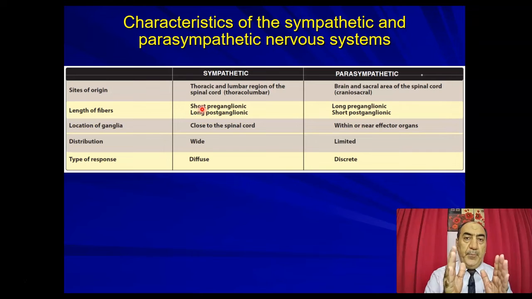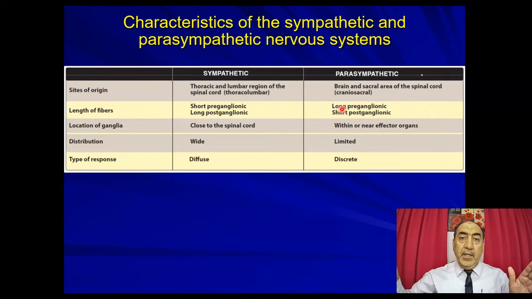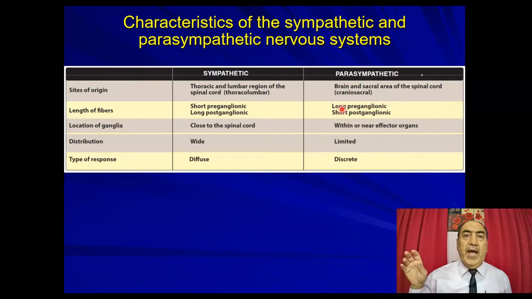That's why the preganglionic is short. In the parasympathetic nervous system, the preganglionic is long, whereas the postganglionic is short. So the ganglia is called terminal, very far from the CNS. It's pretty close to the effector organ or even embedded in the effector organ.